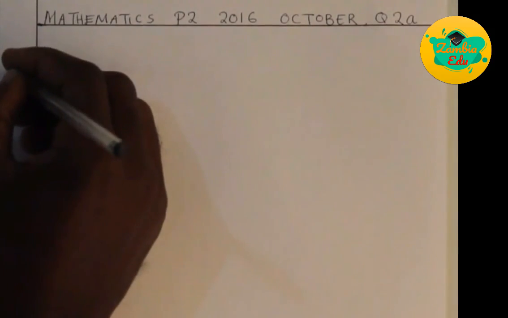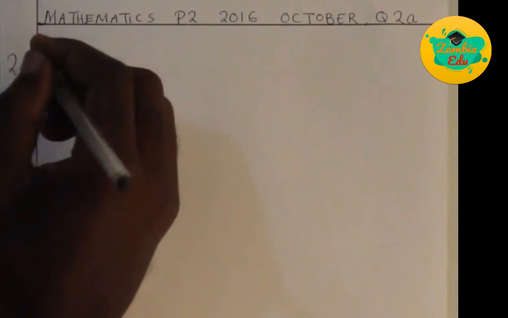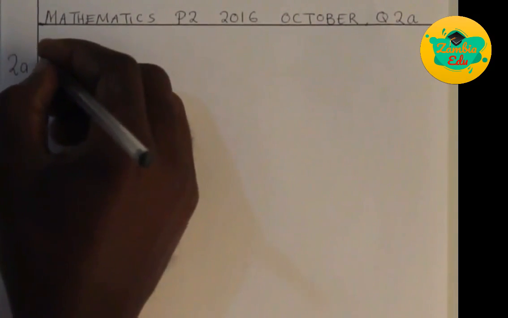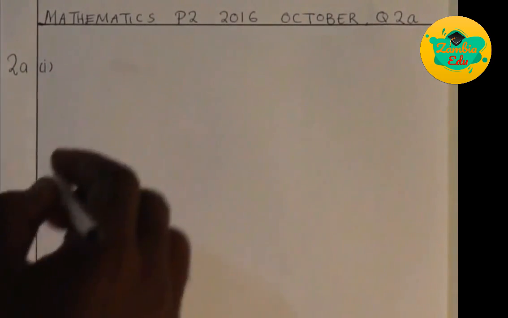So we are going to start answering our question. We are going to write 2A question 1 in that way. After we do that, we are now going to begin to construct and illustrate the information that we have been given on a Venn diagram. So we are going to draw the circles that we have.